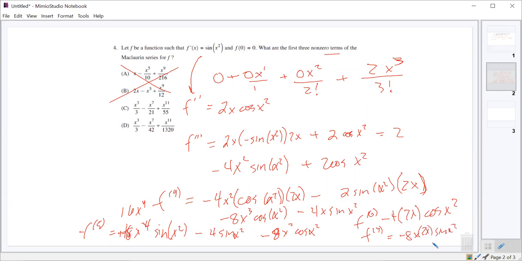And then we should end up with a minus 8 cosine x squared as this other piece of this one. So we end up with a minus 8 times 0. So the coefficient should be minus 8x to the 7th over 7 factorial, it looks like.